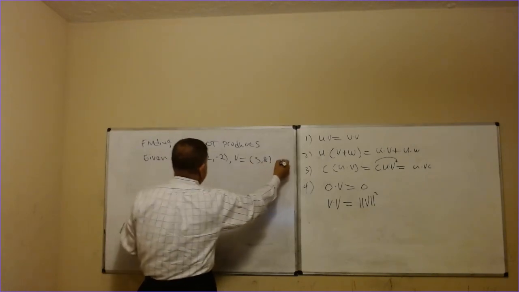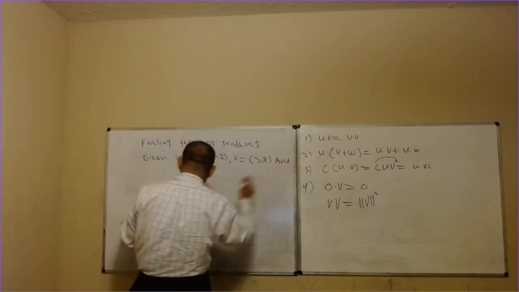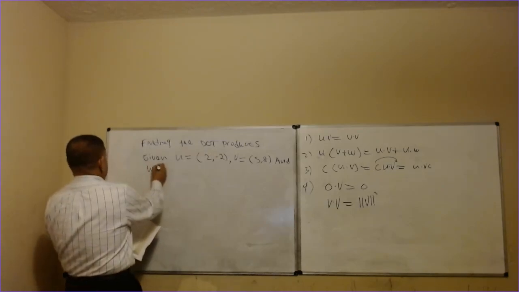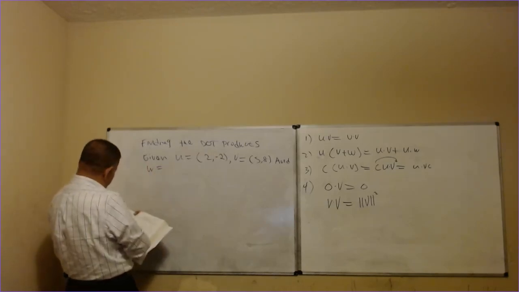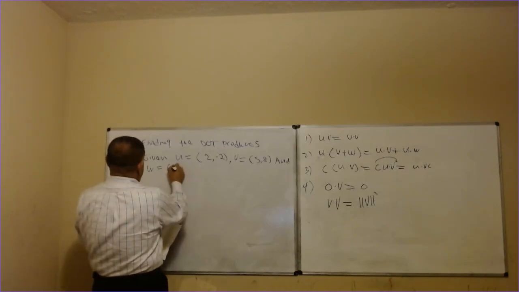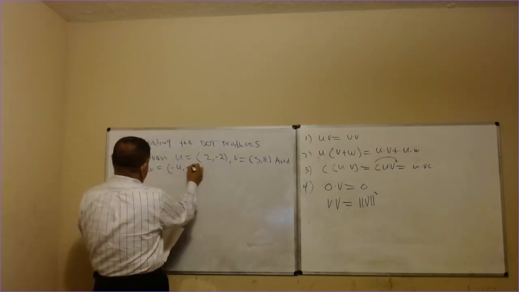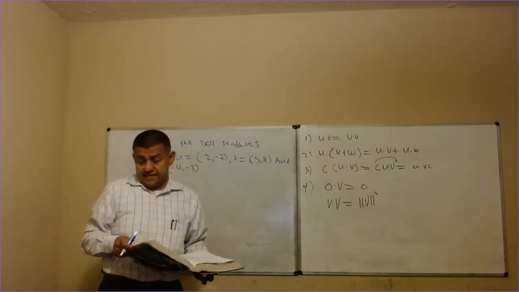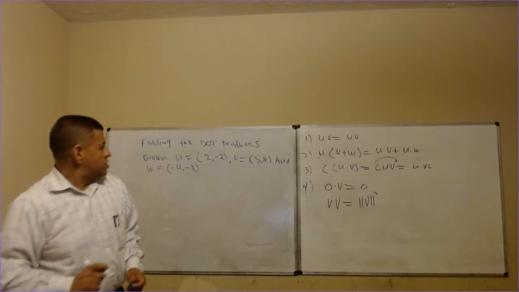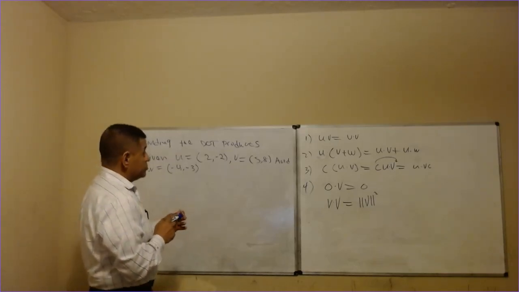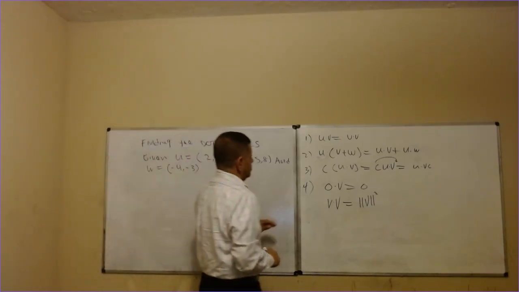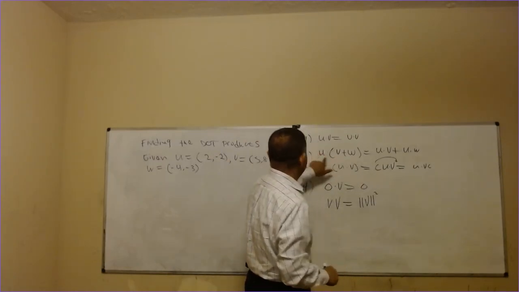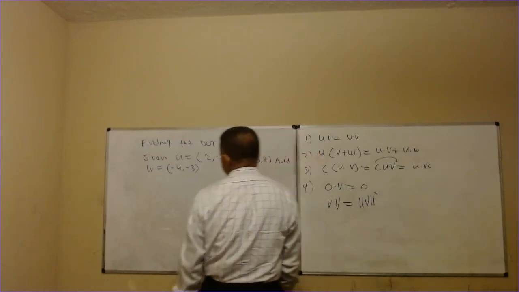right, and w, I'm sorry, w is equal to vector negative 4 comma negative 3. Okay, so let's do this example, right? So we know that we just do something like this, similar, u, v, and w, right?